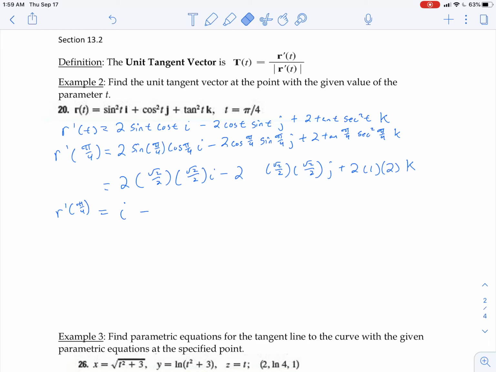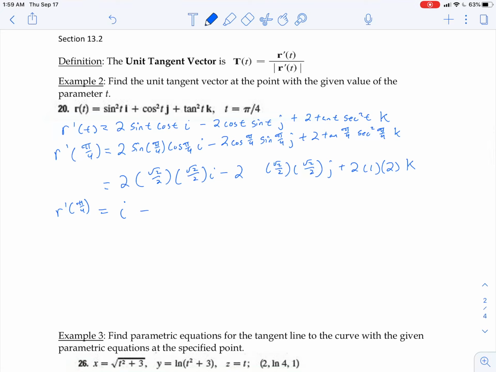Minus, the same thing happens for the j component, 2's cancel out, square root of 2 times square root of 2 is 2 over 2, so minus j. And then 2 times 2 is 4, so plus 4k. So there's our tangent vector at pi over 4, and we want to find the unit tangent vector.